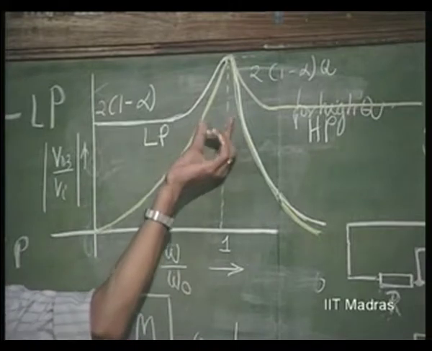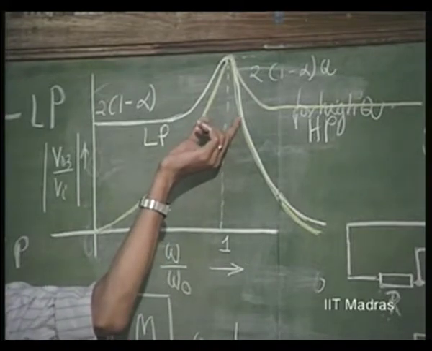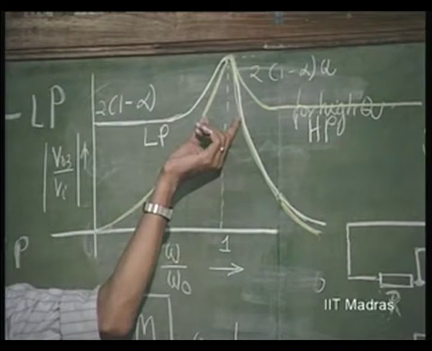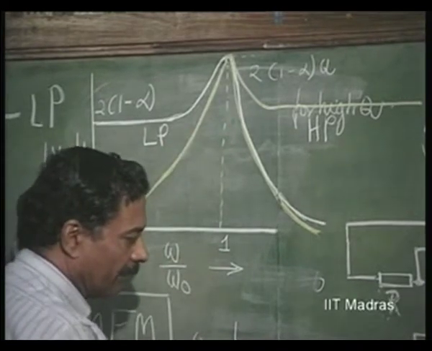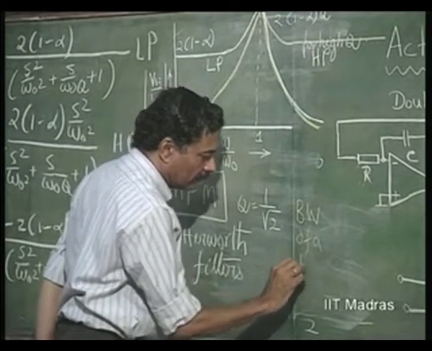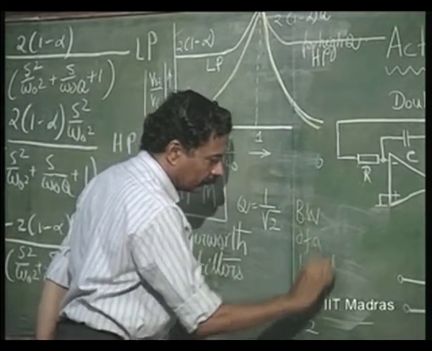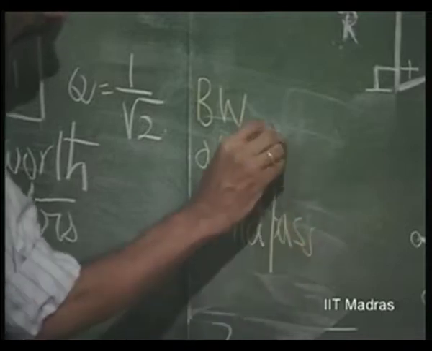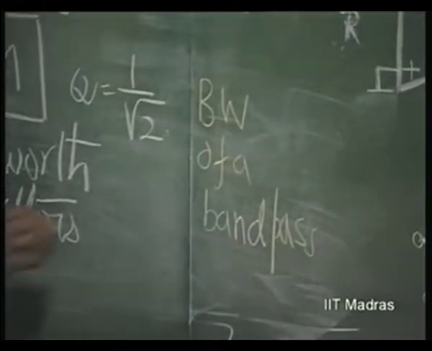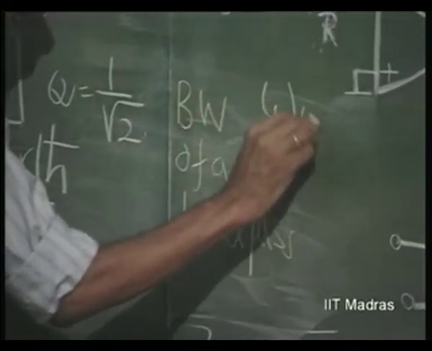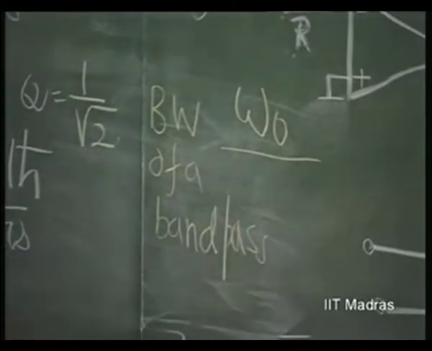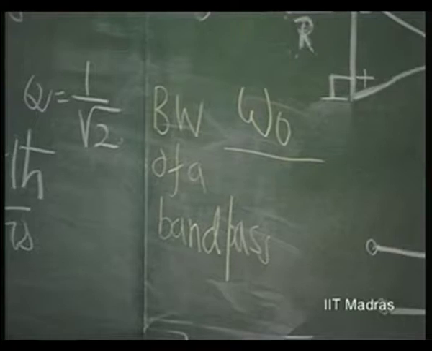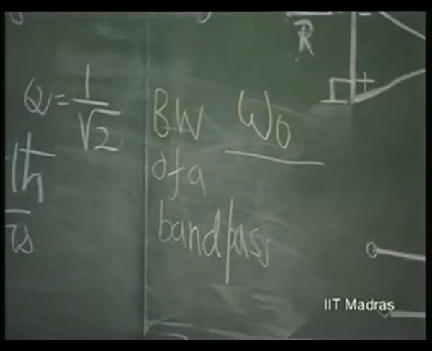The higher the Q, the narrower will be the bandwidth. This is called bandwidth. What is bandwidth? Bandwidth of a band pass is defined as the center frequency omega naught divided by the difference between the upper cutoff frequency and the lower cutoff frequency.